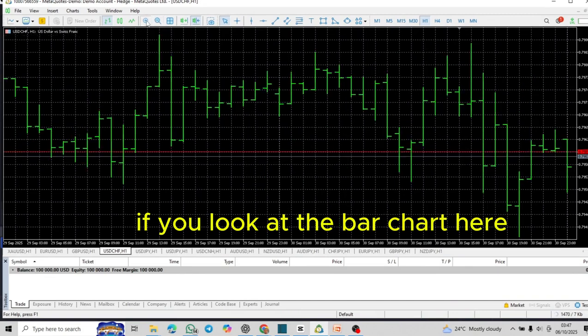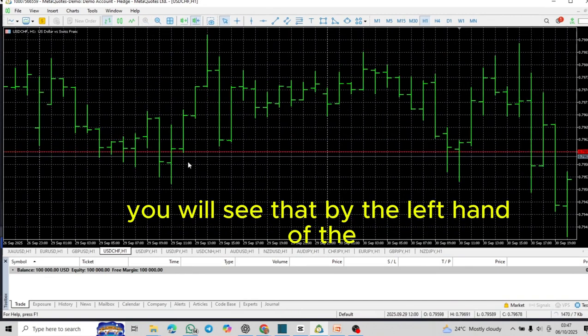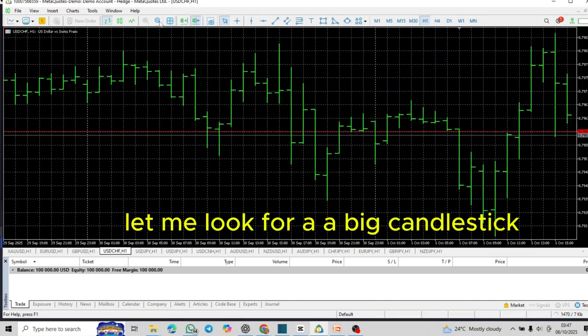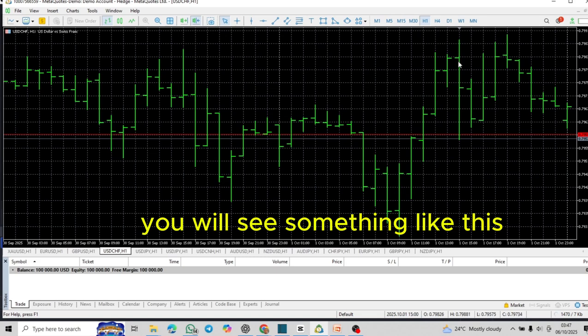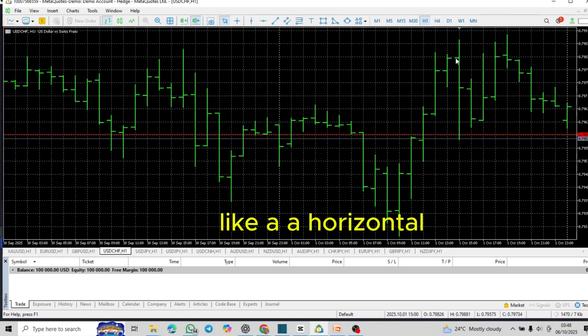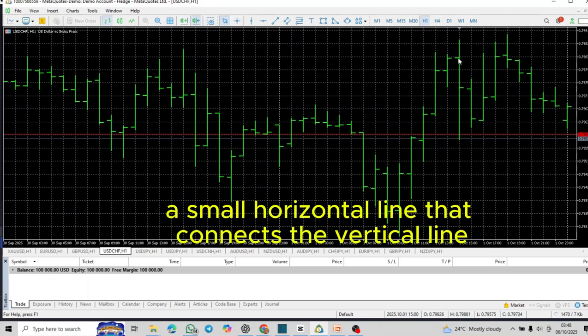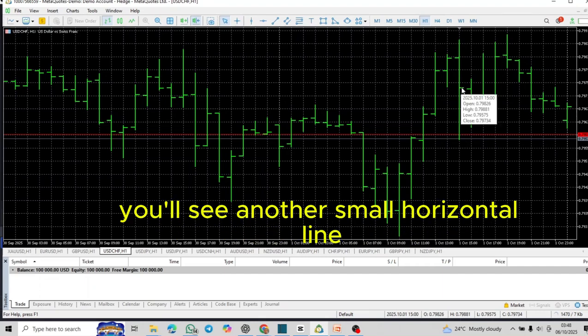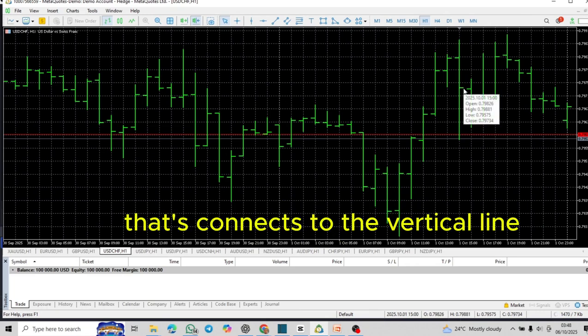If you look at the bar chart here, you will see something like this, a small horizontal line that connects the vertical line, and then by the right hand side you see another small horizontal line that connects to the vertical line.